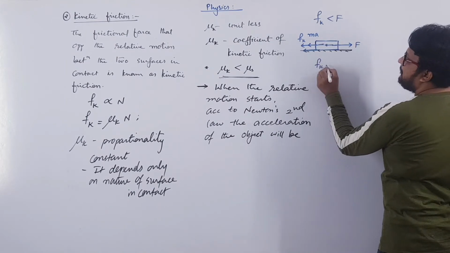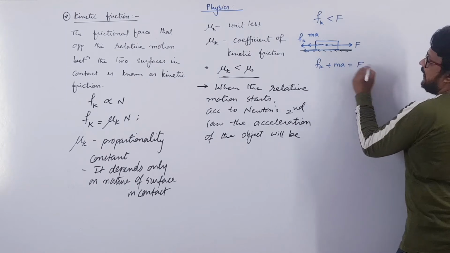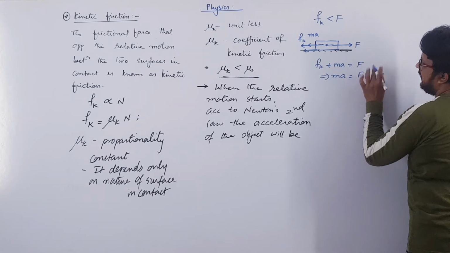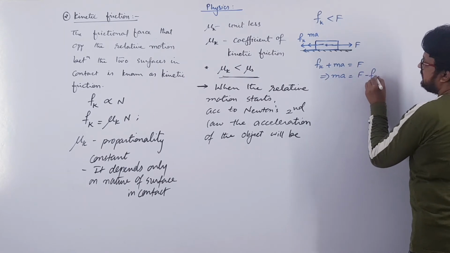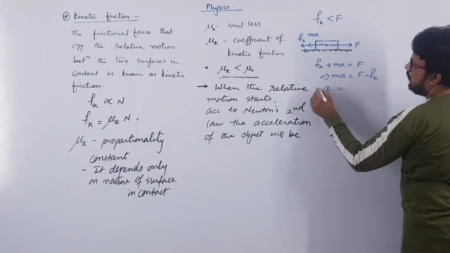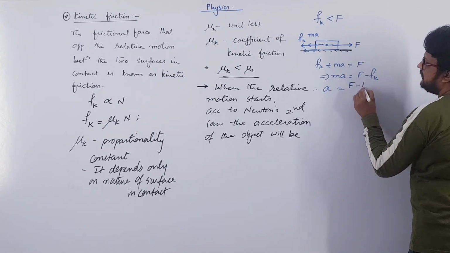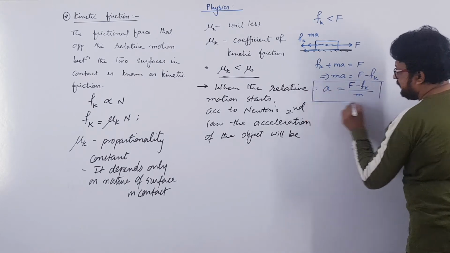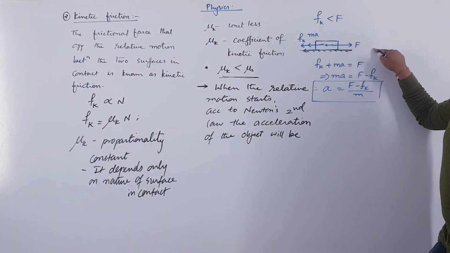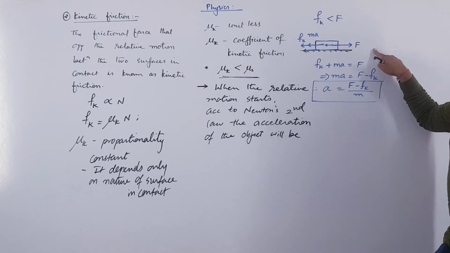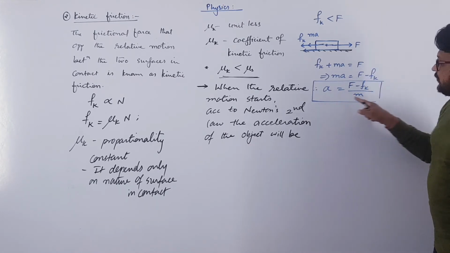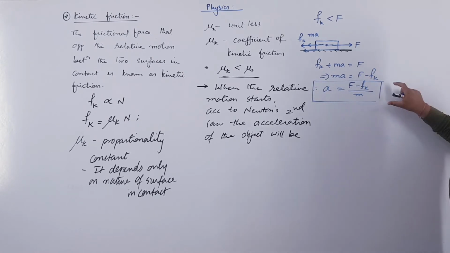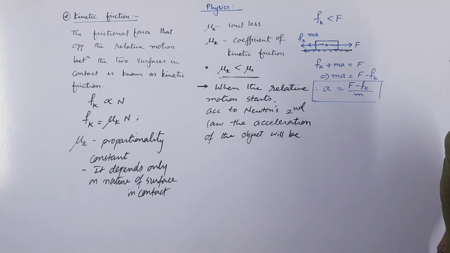So Fk plus ma will be equal to F, or you can say that ma will be equal to F minus Fk, or a will be equal to, therefore acceleration will be equal to F minus Fk by m. This will be the acceleration of the body. When the applied force is greater than the kinetic friction, then acceleration of the body will be given by F minus Fk over m. They have directly written in our book, but this is how we can obtain it.